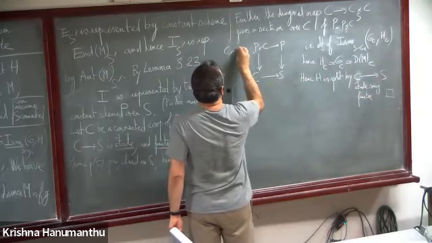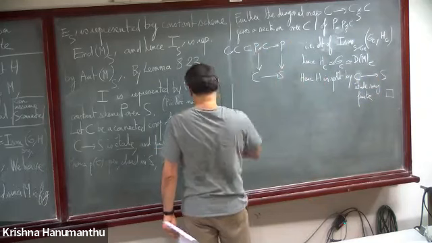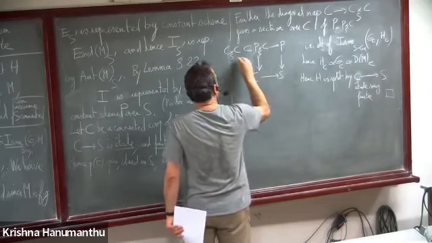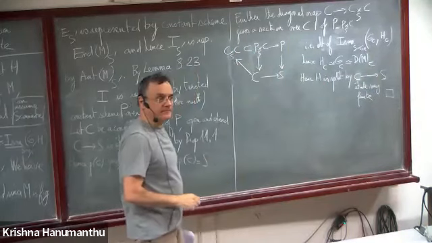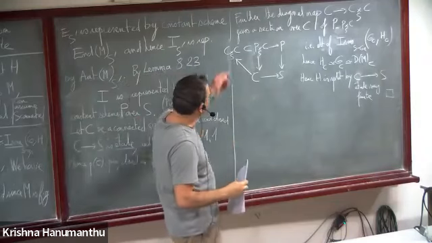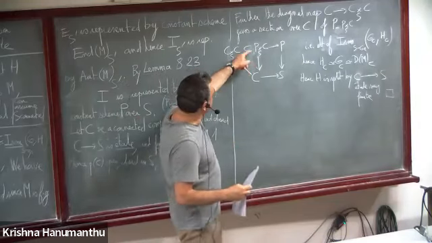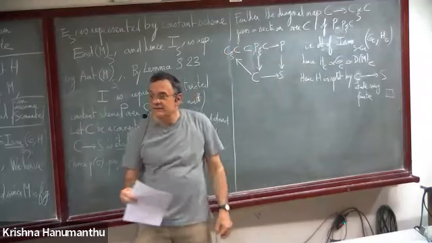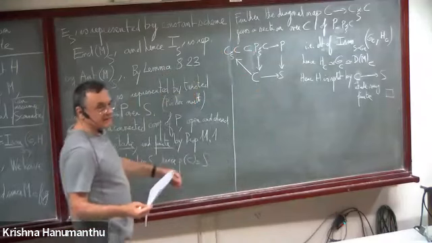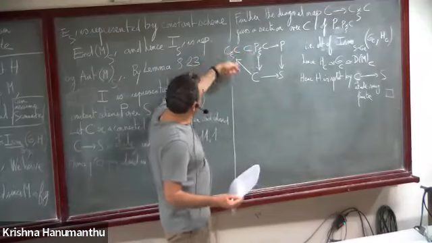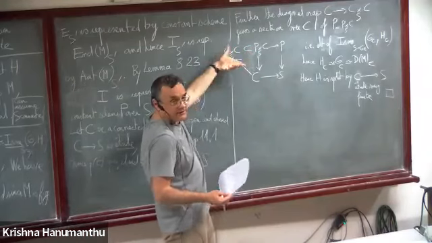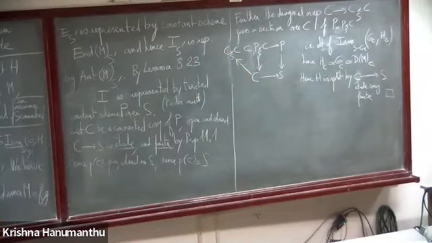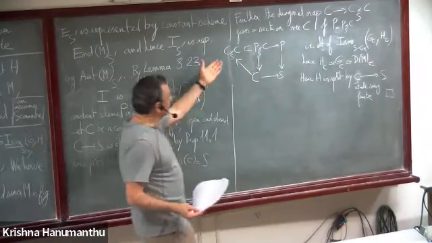C cross C sits inside this one because C is an open subset of P. And so we have the diagonal map, and this is a section of the projection, because the composition is basically the first projection here. And so the diagonal map is indeed a section.